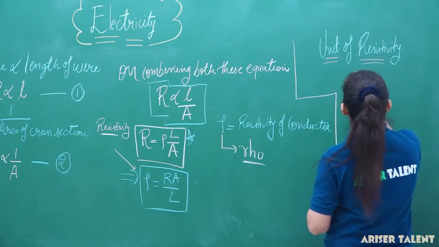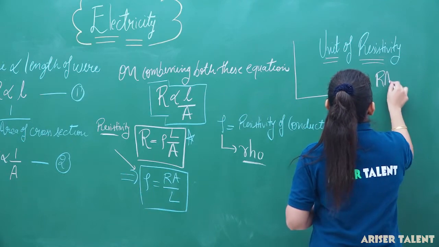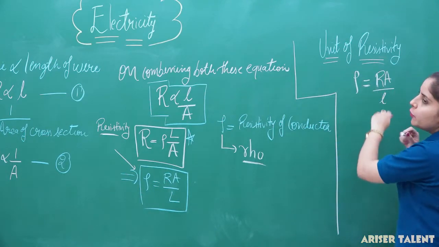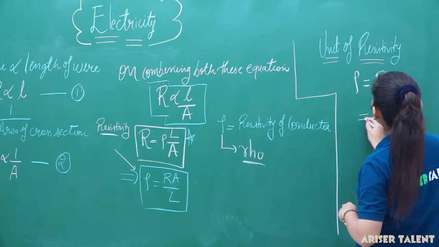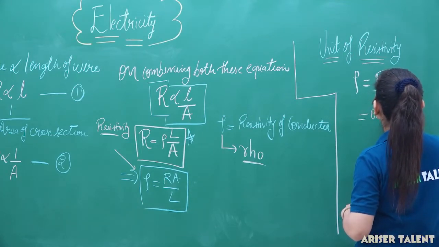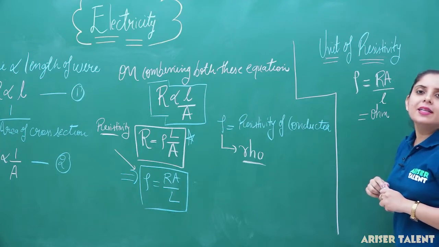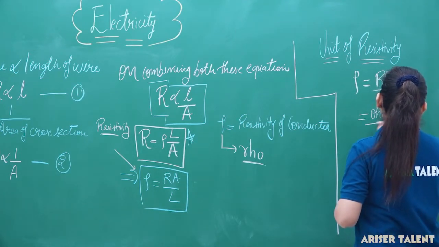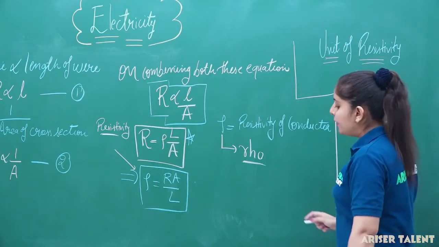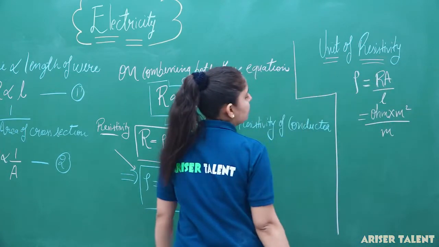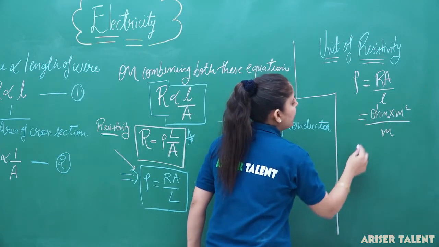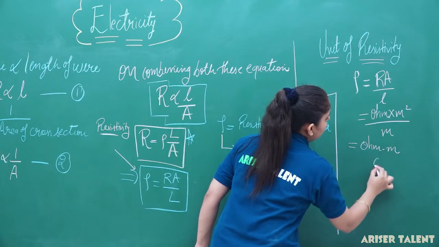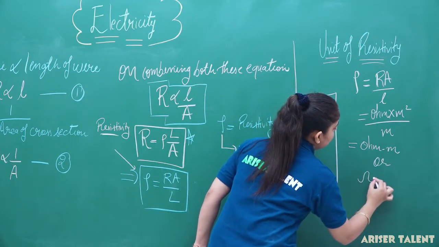The unit of resistance is ohm. The standard unit for the area of cross section is meter square, and for length it is meter. So one meter will cancel, and I am getting here ohm meter.